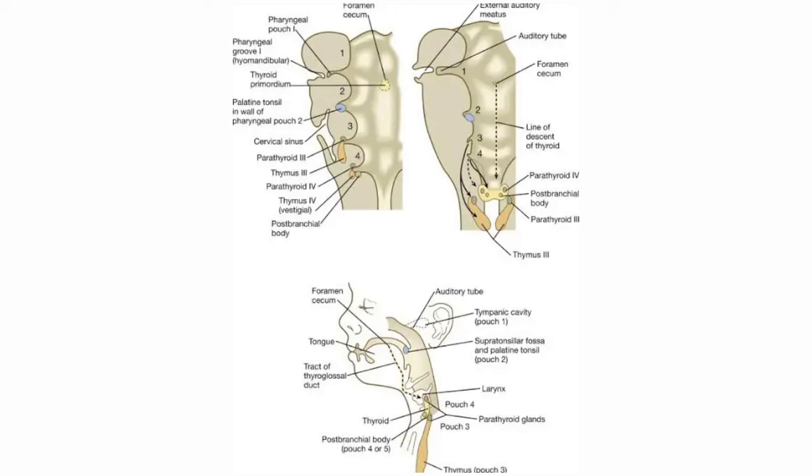If these grooves persist, then these can lead to formation of fissures, sinuses, and then cysts. Most commonly the second pharyngeal groove is important in the formation of cysts, sinuses, and fissures.